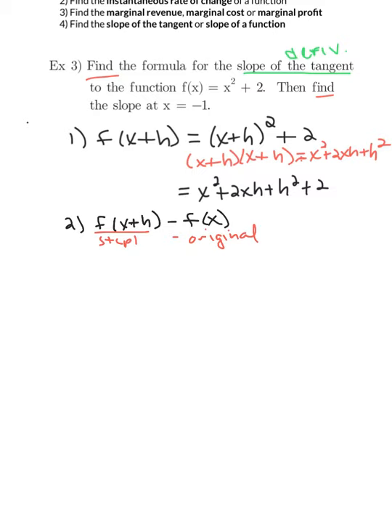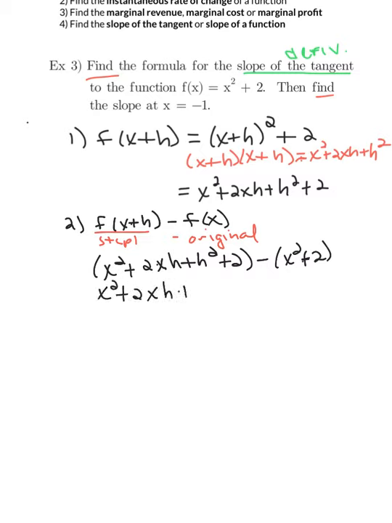So for us, we need to take x squared plus 2xh plus h squared plus 2 and subtract the original function, which is x squared plus 2. The first parentheses aren't really doing anything, so we're just going to drop those. They were just separating which function is which.